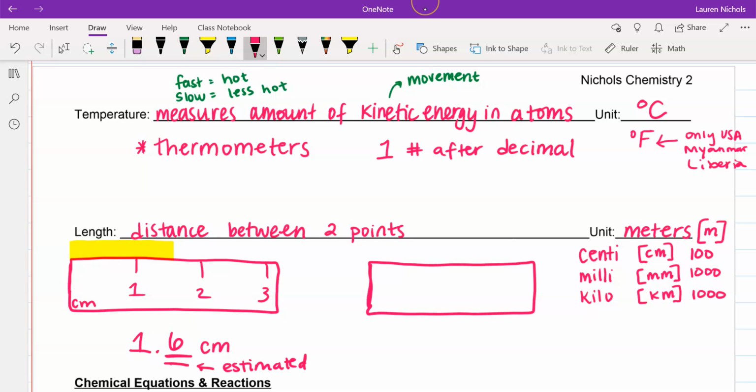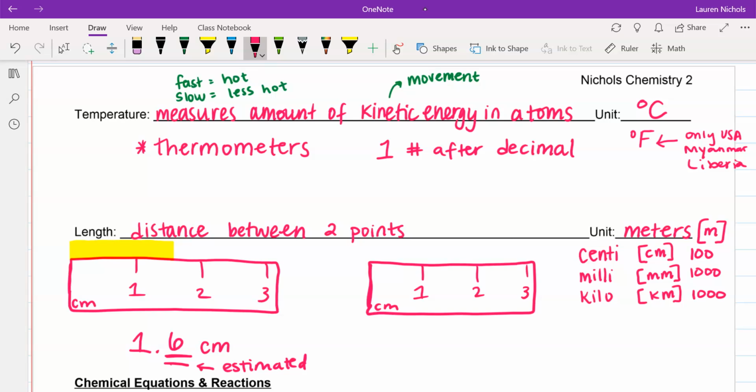Now, if our ruler looks a little different, okay, if it still has the 1, 2, 3 centimeters, right, which clearly my scale is off. Let's try to fix that here, make them look a little more even.